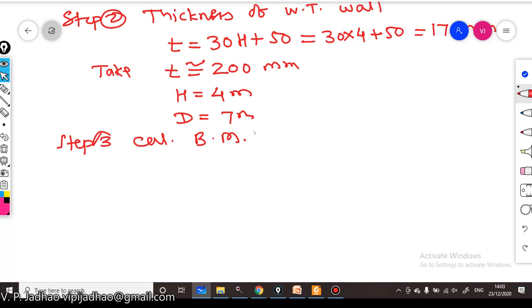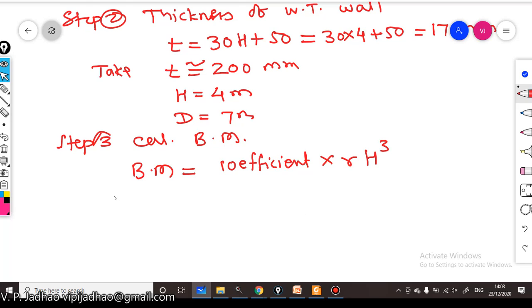For calculating the bending moment, we have bending moment equal to coefficient multiplied by gamma h cube. This is the formula. Now we have to find out the coefficient value. The coefficient can be calculated by using the tables given in IS 3370 part 4.